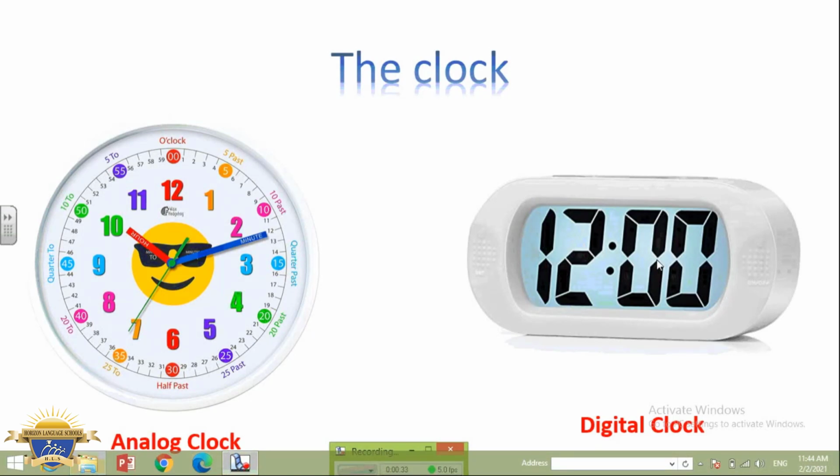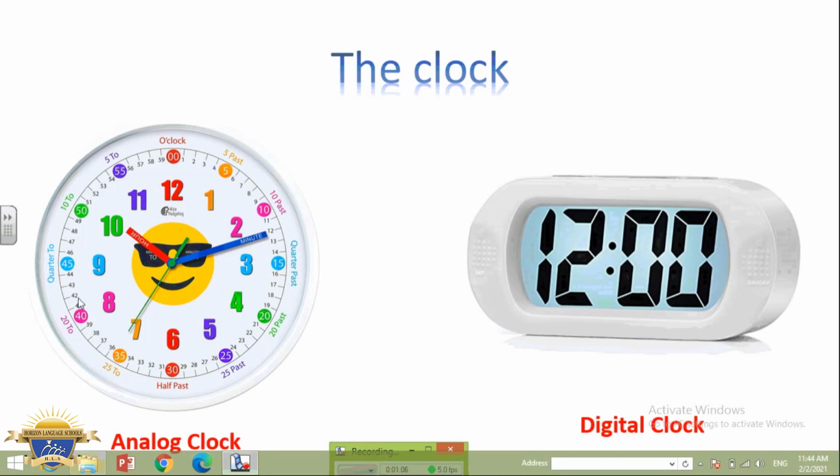It's all about numbers. This part of number is for the hours, and the other part here is for the minutes. And the analog clock looks like this. The analog clock has two hands. One of them is the small hand, which is for the hour, and the tall hand is for the minute.